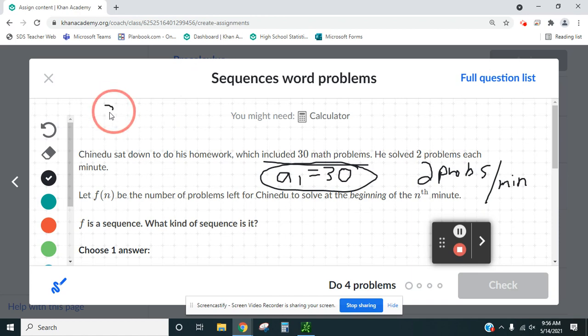A minute later, this is at 28. A minute later. A minute later. Pause. What sequence is it? We did it last time.